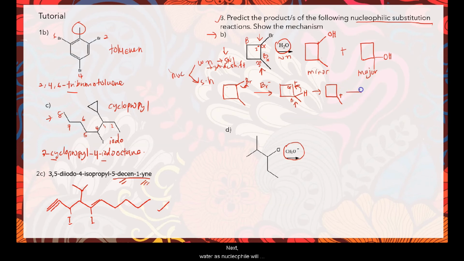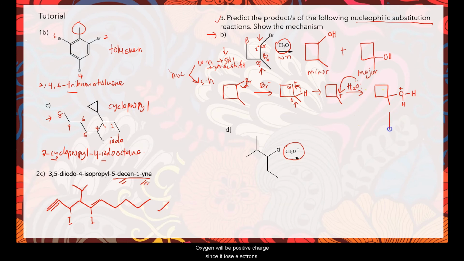Next, water as a nucleophile will attack the carbocation. One lone pair in oxygen from water will attack the carbocation and it will form another intermediate product. Oxygen will have a positive charge since it loses electrons.